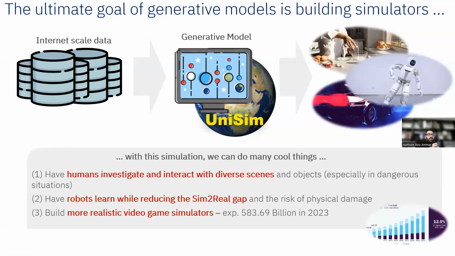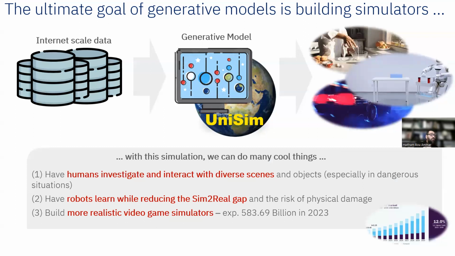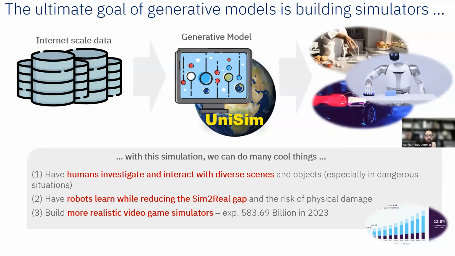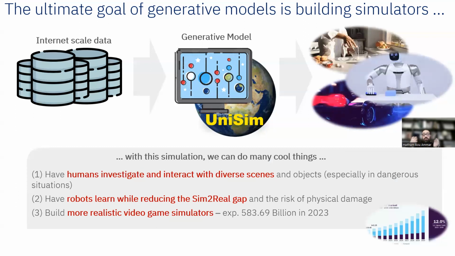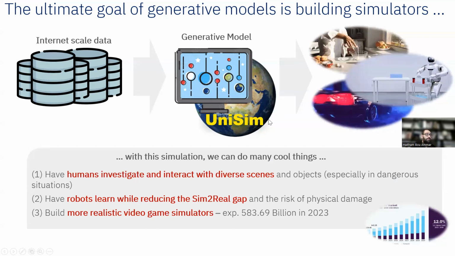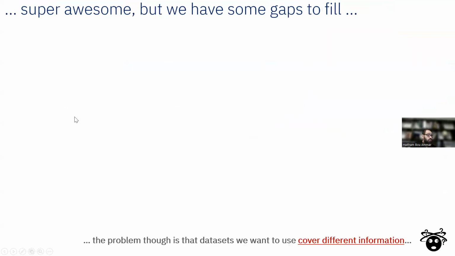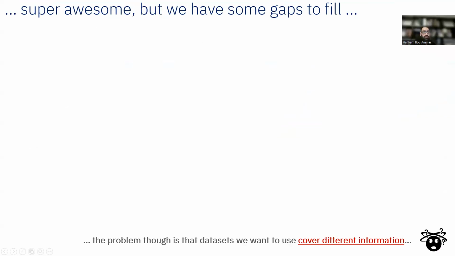So the idea is that if we are able to build simulations, we could allow humans to interact in dangerous situations, we can allow robots to learn in these simulators, and we can even build much better video games with more realistic behavior.